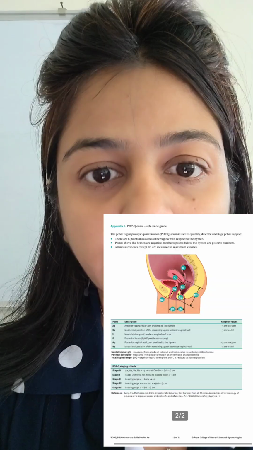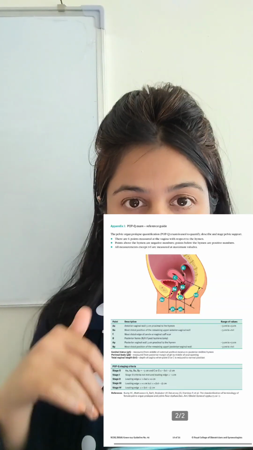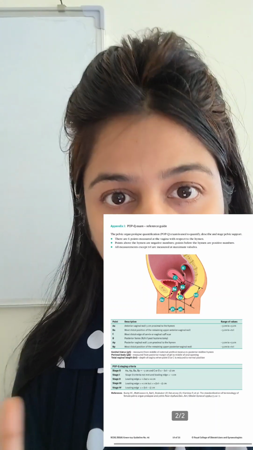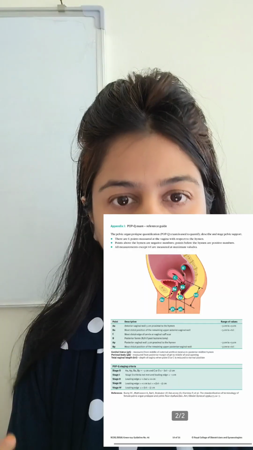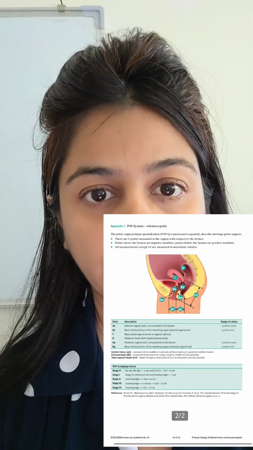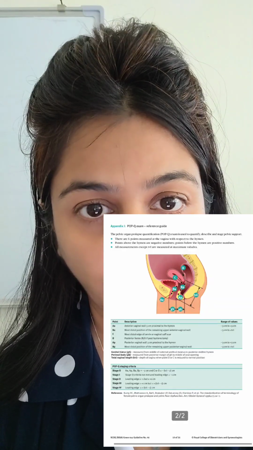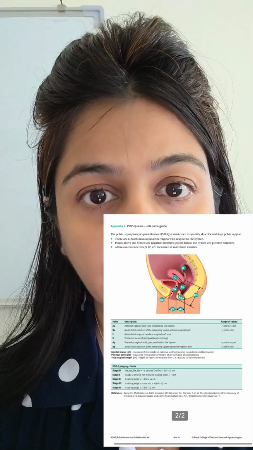All right, first, before jumping directly into the image and confusing yourself, just learn 3 points. Actually, the 2 points are very important. Now concentrate on this first point: any measurement above the hymen.